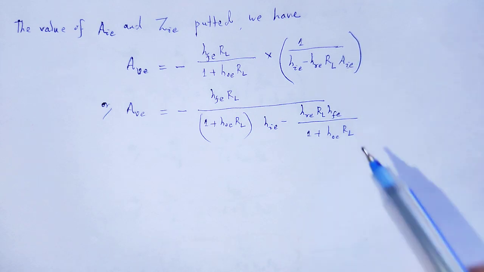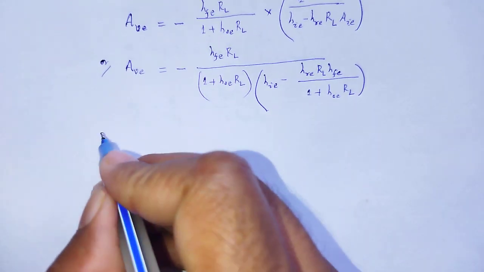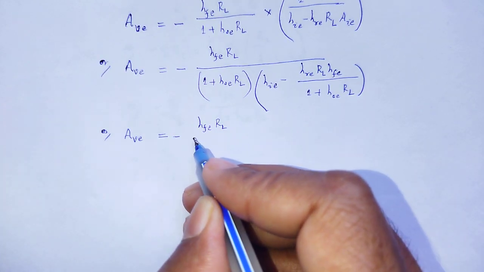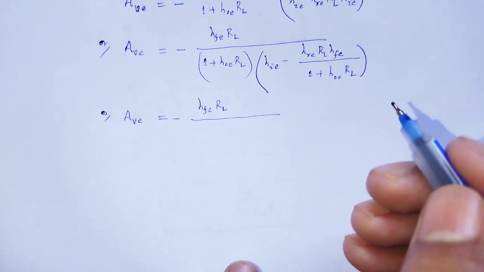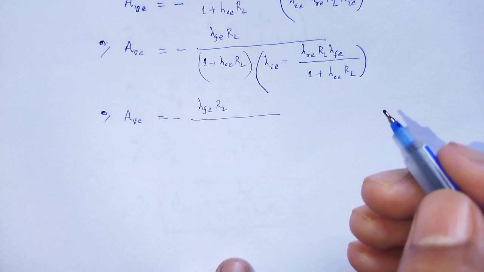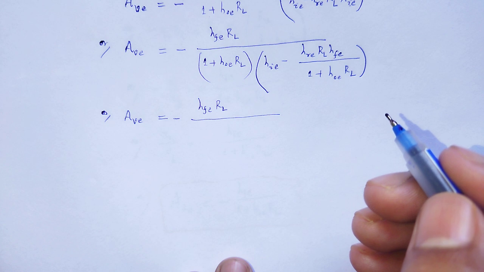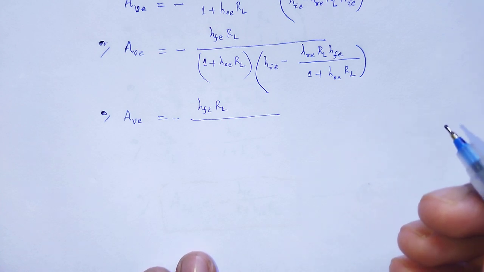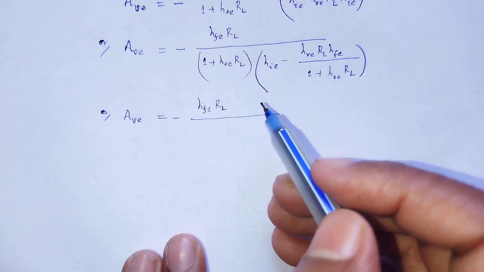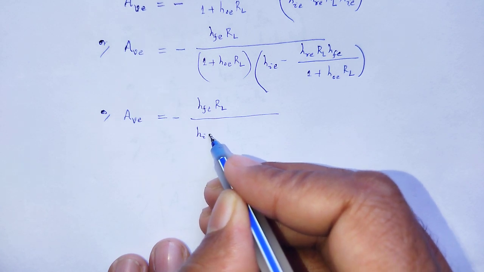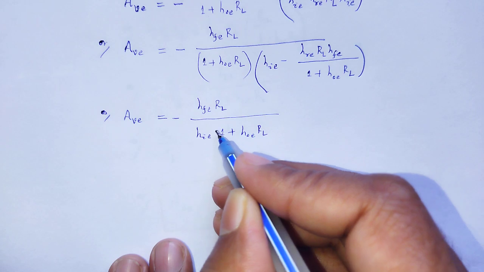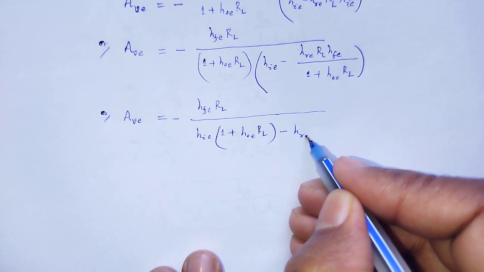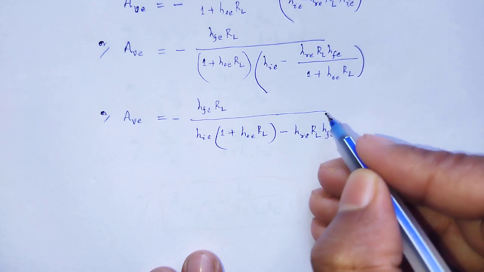Putting the value of AIE, AVE is equal to minus HFE RL divided by HIE, 1 plus HOE RL, minus HRE RL HFE.